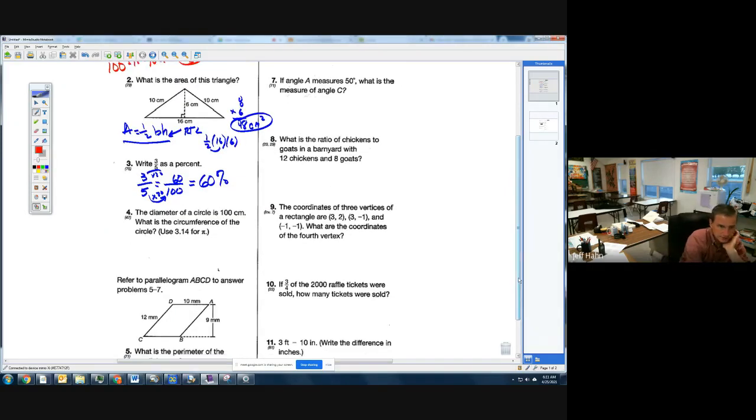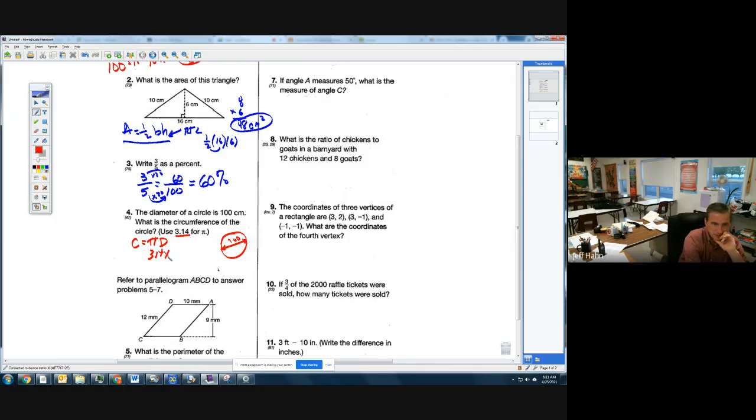Problem number 4 asks you for the circumference of a circle, and again on your notes write down circumference equals pi times diameter. They tell you to use this for pi. I draw my circle. It has a diameter of 100 centimeters, which is good because I need the diameter.